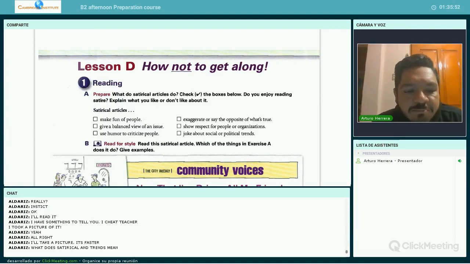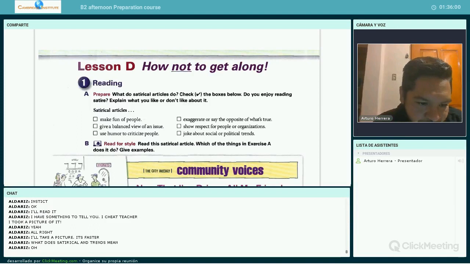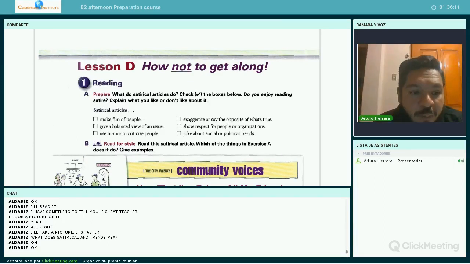Trends means tendencia. Oops, I said that word in Spanish. And satirical is something that makes fun of something, like Rius or Brozo.